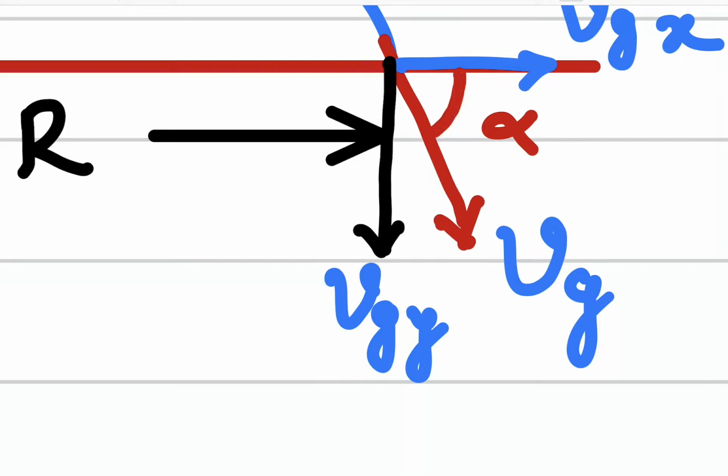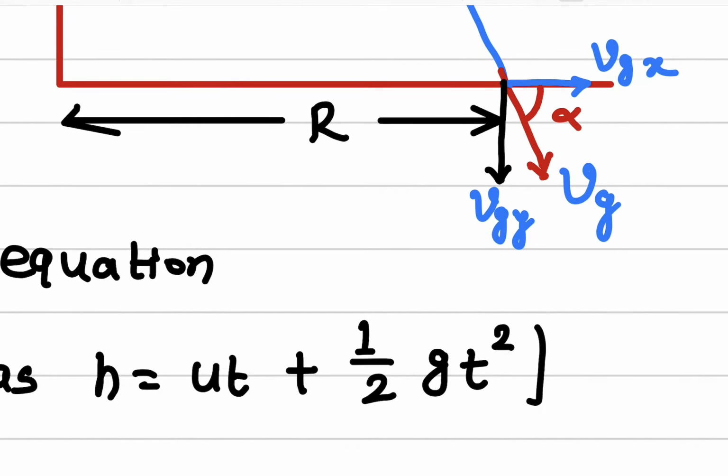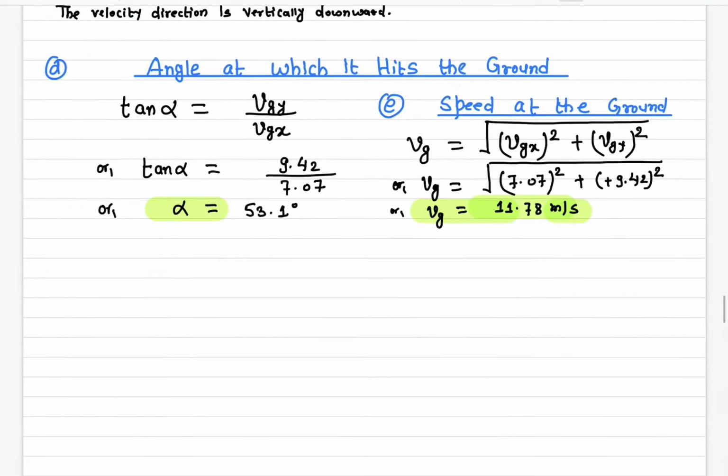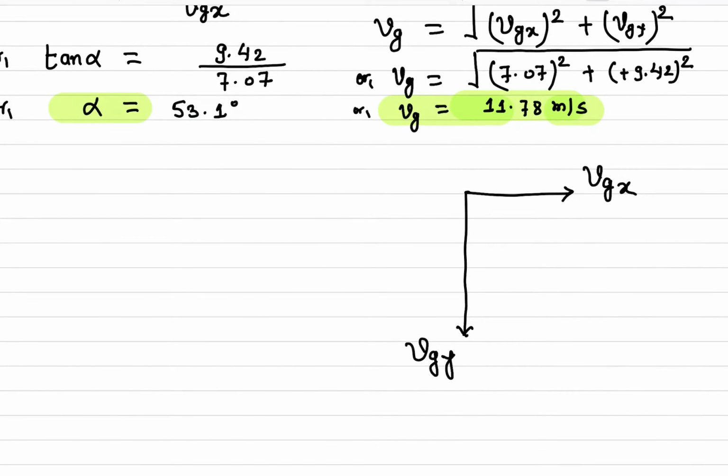Now let's find out the angle, this angle now. How do you find out this angle? So in order to find out this angle, if you look into this triangle here, okay, let me redraw this one. It's not exact. So let's say this is your horizontal velocity, which you call v at the ground, x, and this is the vertical velocity along the y direction at the ground.